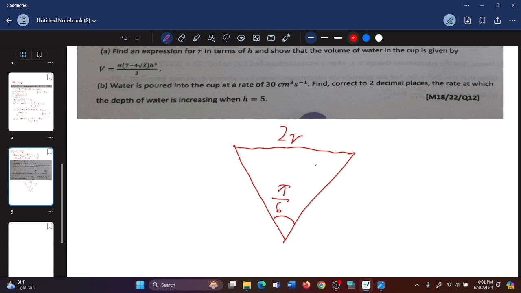Now if I draw half of this triangle, it forms a right angle triangle with 90 degrees at this edge. Then this length becomes r, as we are taking half of the triangle. The half of 2r is r, and the angle is pi by 12, that is half of pi by 6.